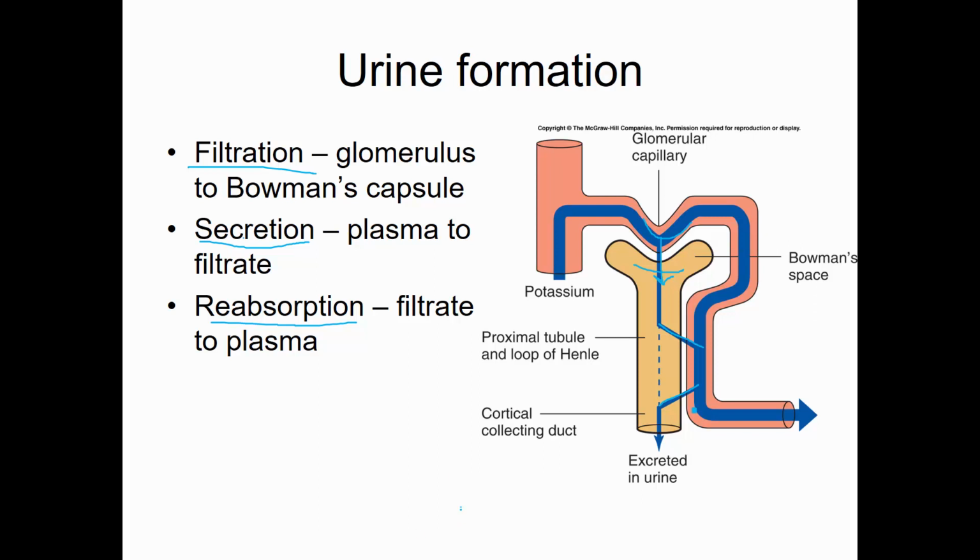And so, what's filtered minus what's reabsorbed plus what you secrete ends up giving us excretion. We're also going to talk about how excretion is related to another concept called clearance. Excretion is about what's going out in the urine. Clearance is about the mLs of blood per minute that are cleaned.